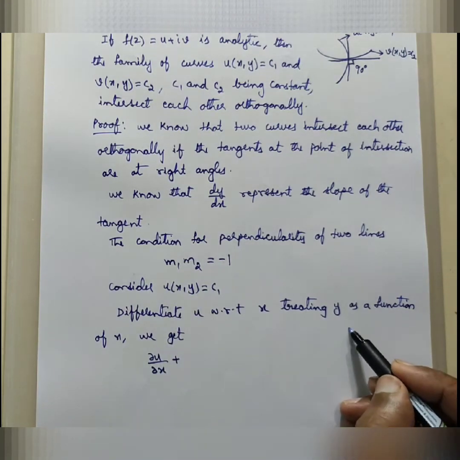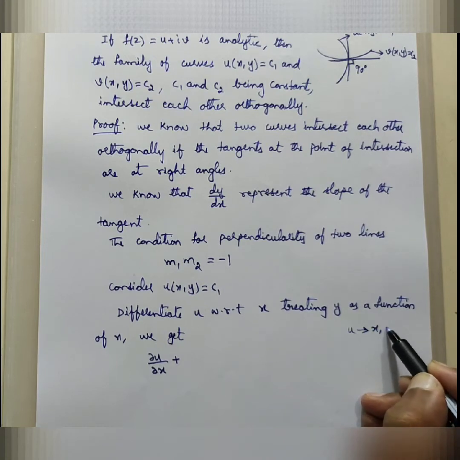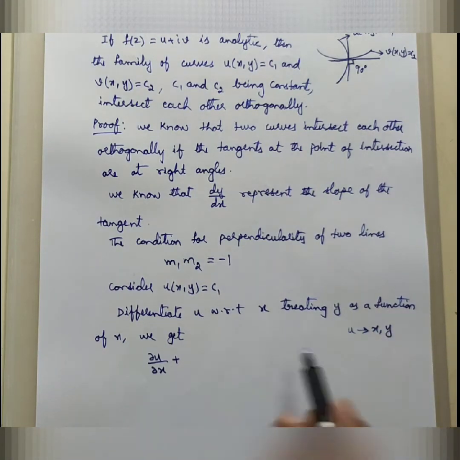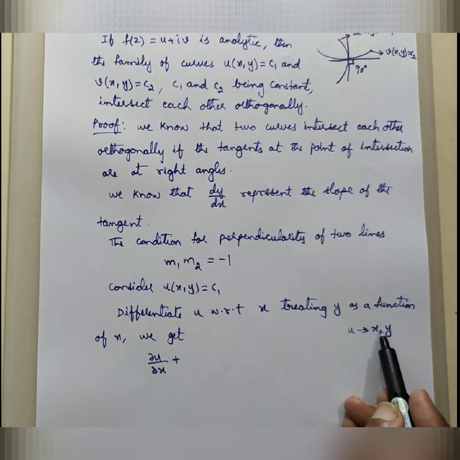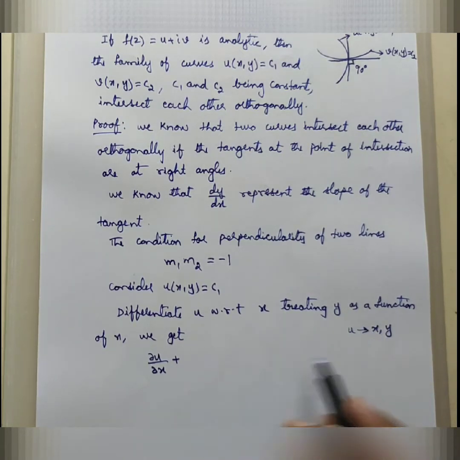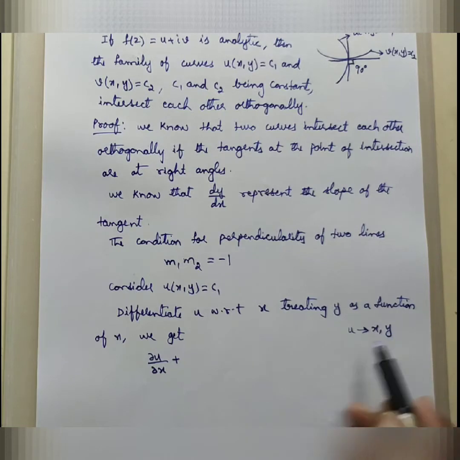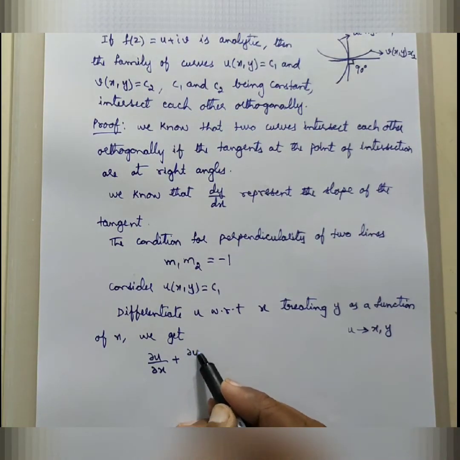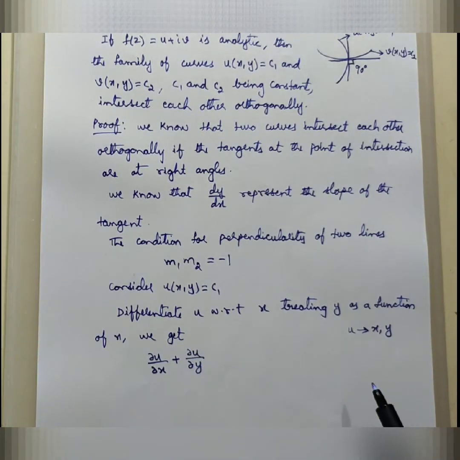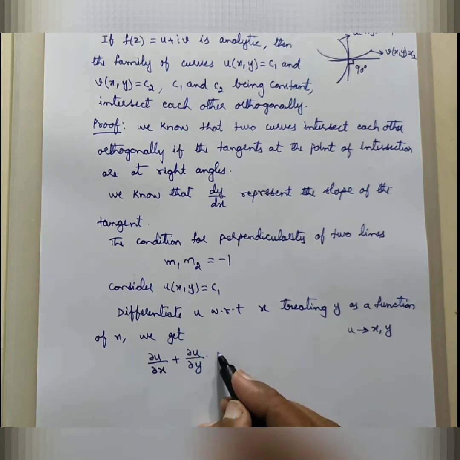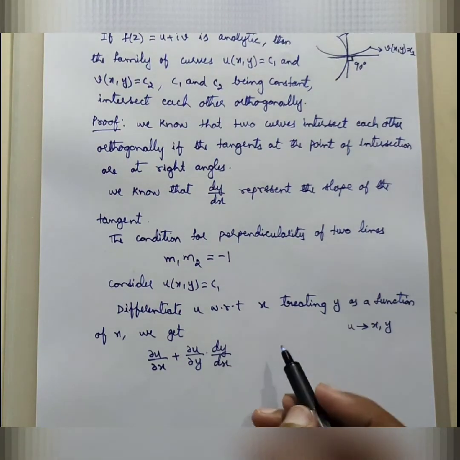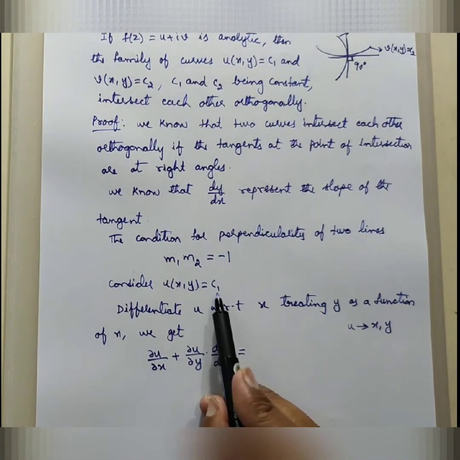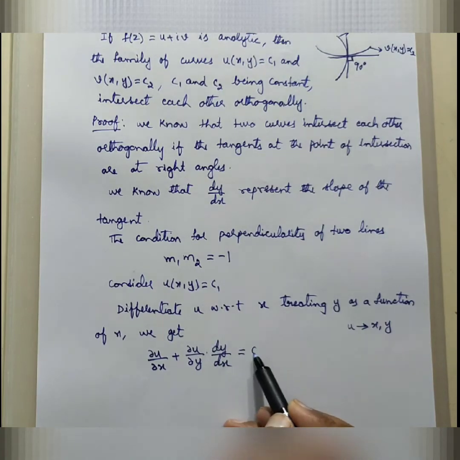So first I have differentiated u with respect to x partially, then I differentiate u with respect to y, and I am taking y as a function of x. Therefore, the derivative of y with respect to x will be dy by dx. On the right hand side, the derivative of the constant will be 0.